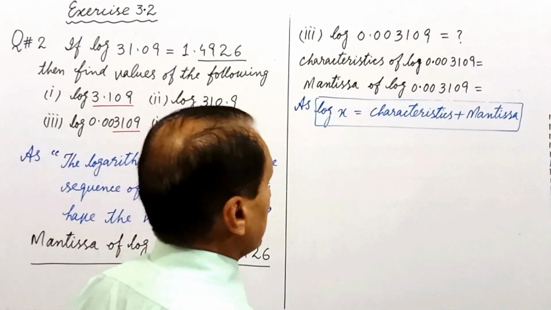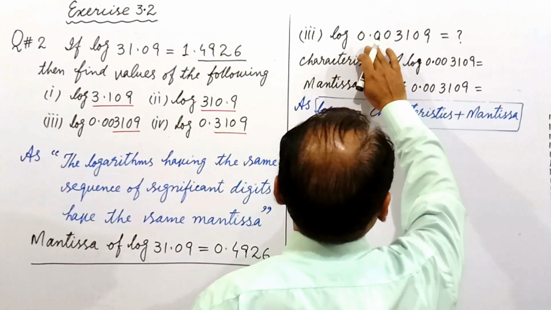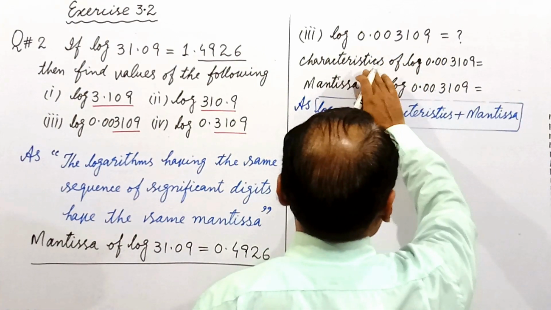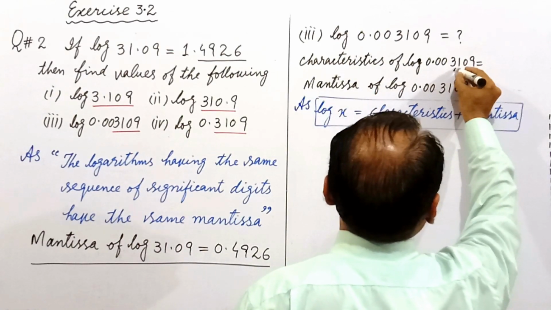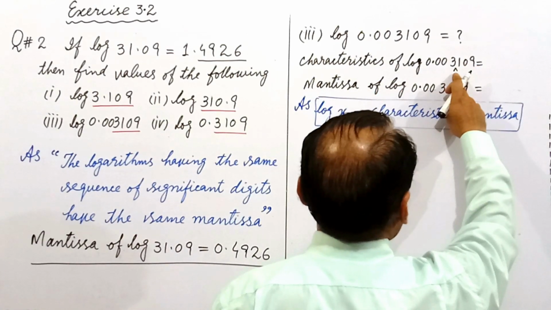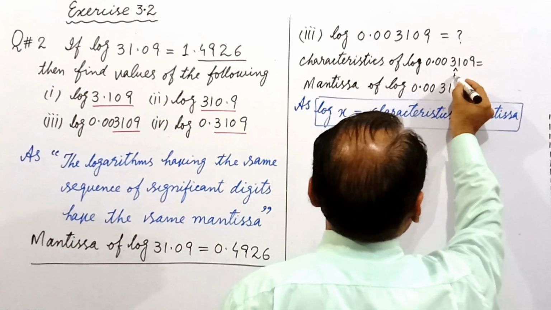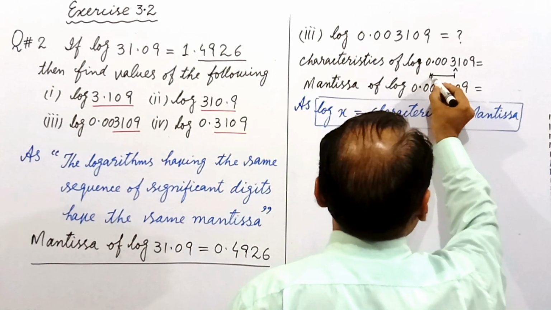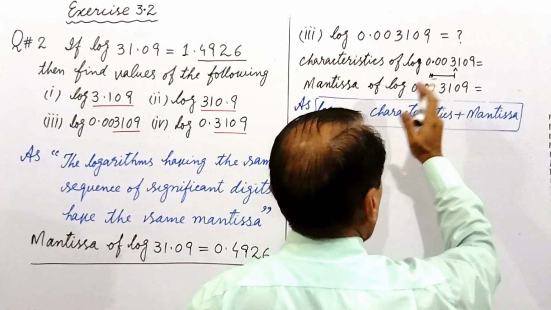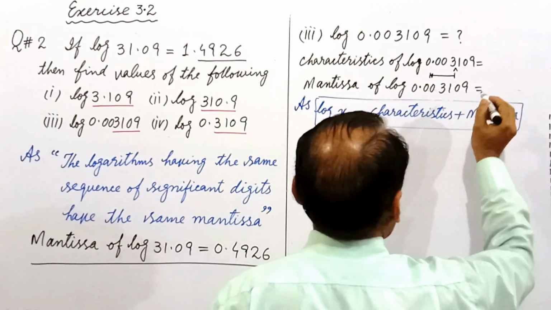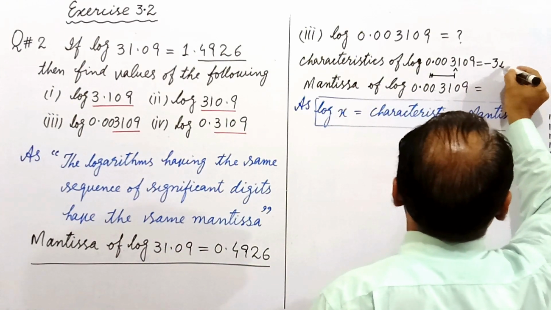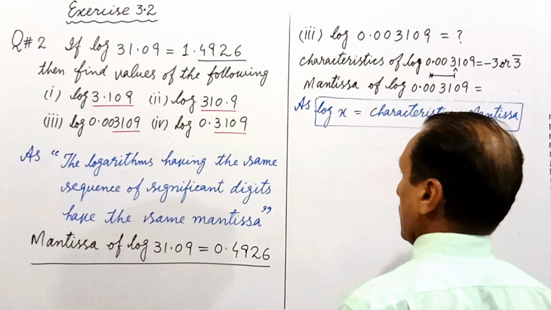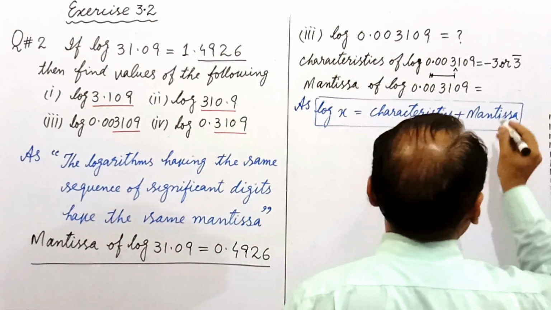And now, as we are given to find log 0.003109, the characteristic can be found by placing the reference position after the first non-zero digit from the left hand side, and we count the number of digits between the decimal point and reference position, that is 3. But as the decimal point lies on the left hand side, the characteristic will be -3 or 3 bar. And the mantissa will be the same according to that concept: logarithms having the same sequence of significant digits have the same mantissa.